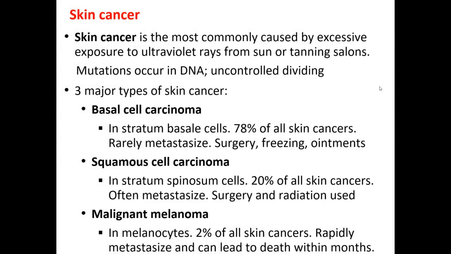Every time a cell divides, there's an opportunity to make a mistake. Because when a cell divides, it'll copy every one of its chromosomes. Your cells normally have 23 pairs of chromosomes, but if a cell is getting ready to divide, first thing it'll do is copy every one of those chromosomes, so that now there will be enough chromosomes for the two daughter cells when it divides.